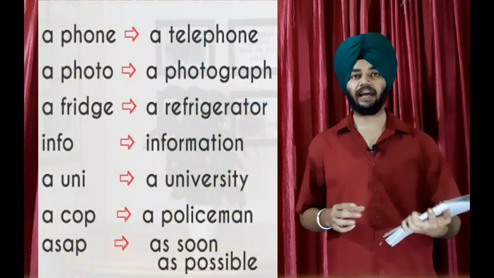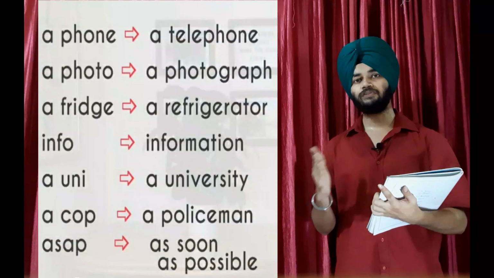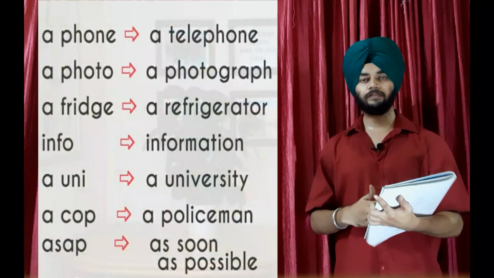And our next words are like phone, photo, fridge, info, uni, cop, ASAP. These are also informal. So what are the formal words if we don't want to use these? Guys, check it out here.